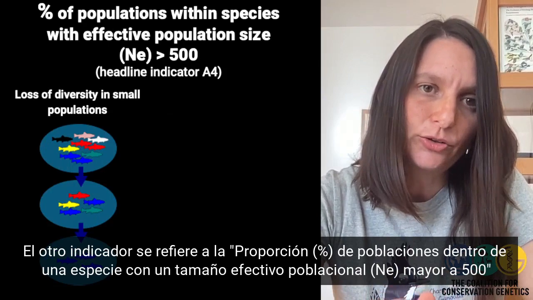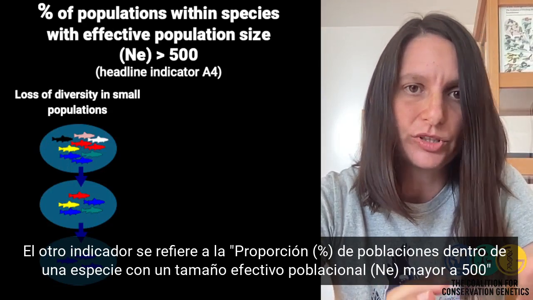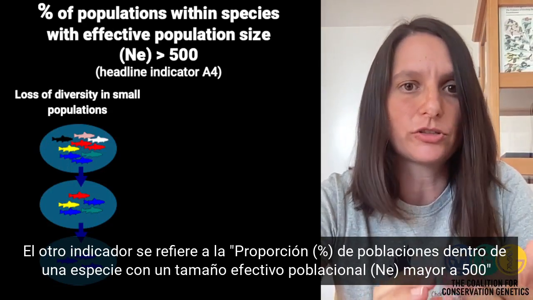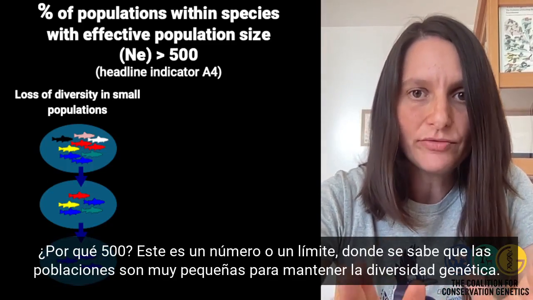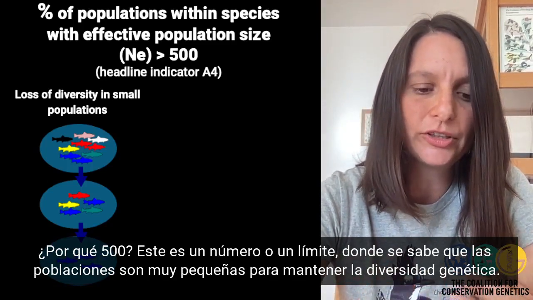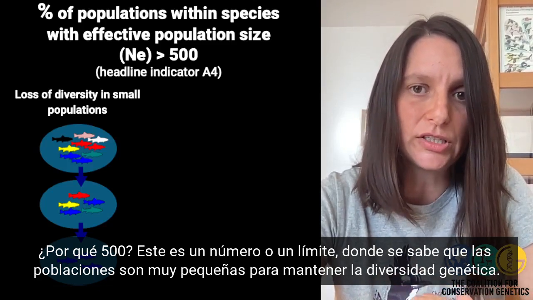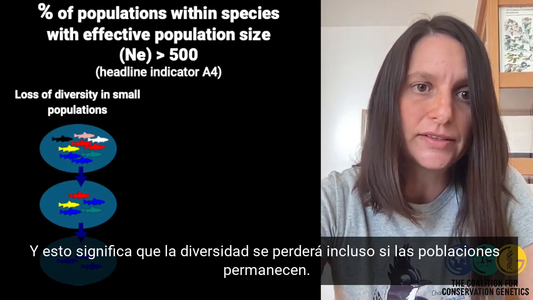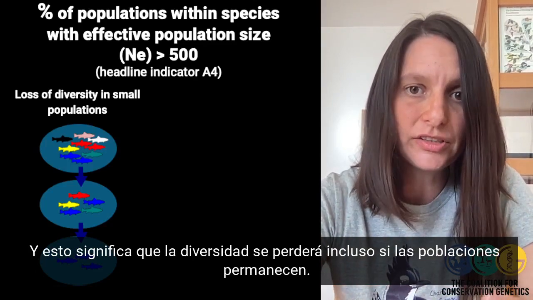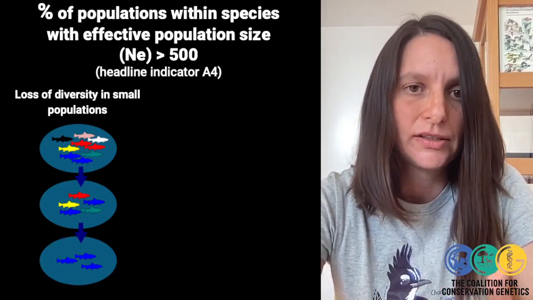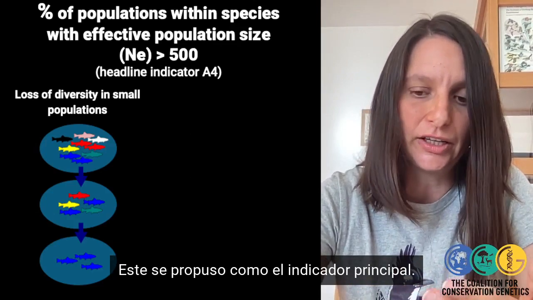The other indicator refers to the proportion of populations within a species with an effective population size above 500. Why 500? This is a threshold where populations are known to be too small to retain genetic diversity. And this means that diversity will be lost even if populations remain. This was adopted as the headline indicator.